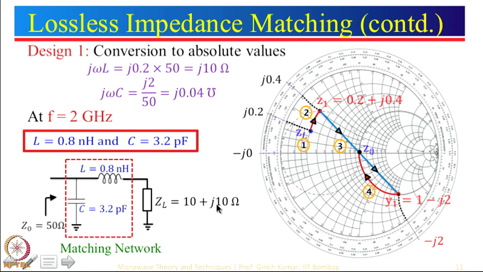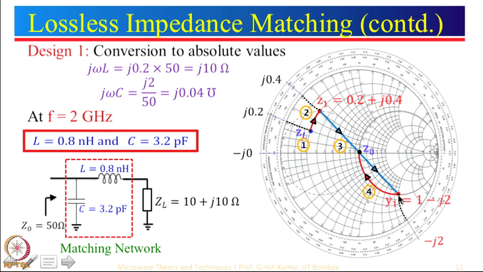Now, let us try to complete the design. From here we had added something in series, and that was impedance. So impedance addition will be series. Here is the load impedance, and we added something in series which is an inductor, with a value of 0.8 nanohenry. Then from here we have taken the reflection, and in y we are adding something.